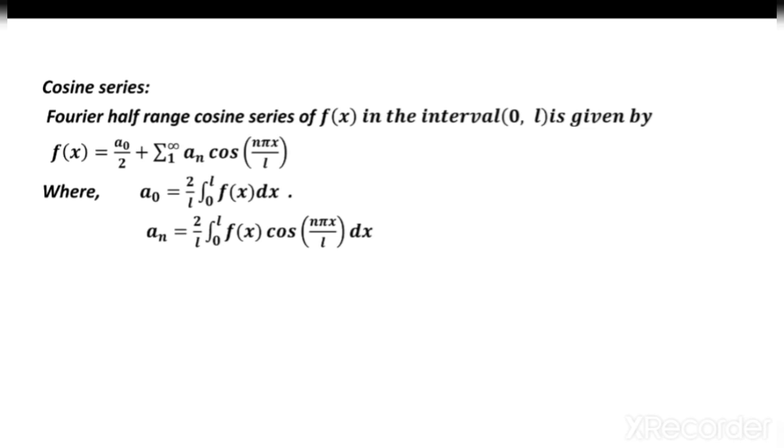So here I can say sine series is an odd series, cosine series is an even series. That will be easy for you to remember if you compare and learn.